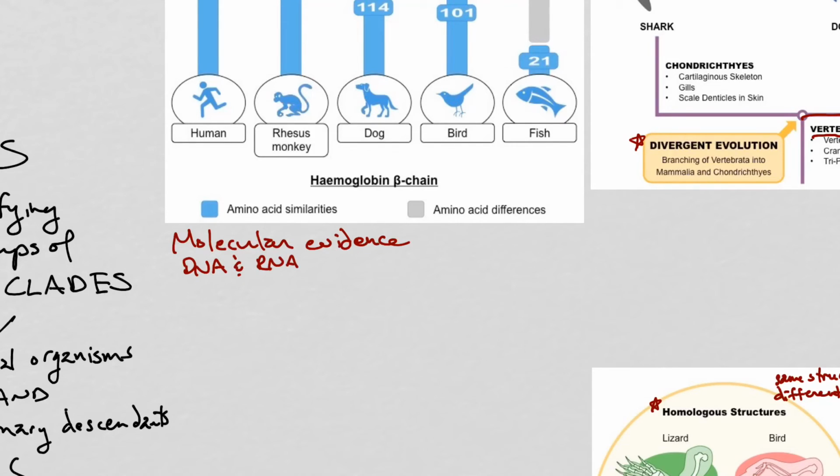Because remember that characteristics change because of mutations in the DNA. And over time, these mutations build up. They accumulate in our DNA. So the more similar we are to something, we could assume that we have fewer mutations in our DNA when you compare us with that thing.